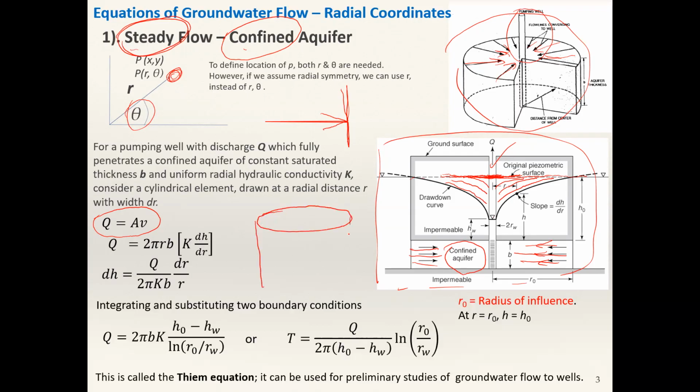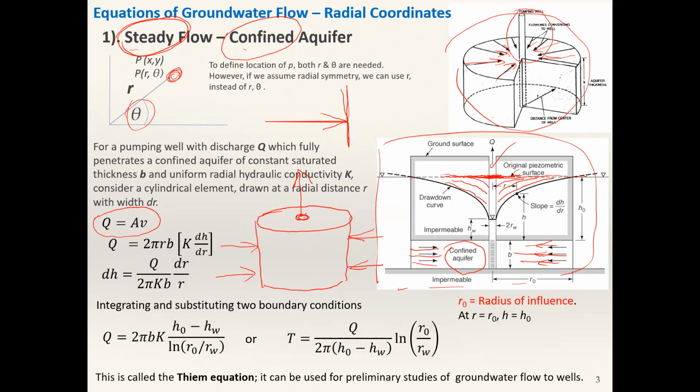Now, this is the cylinder. You have this pumping well at the middle, and you are pumping water out from this. Therefore, the water is coming from all directions to this cylinder.